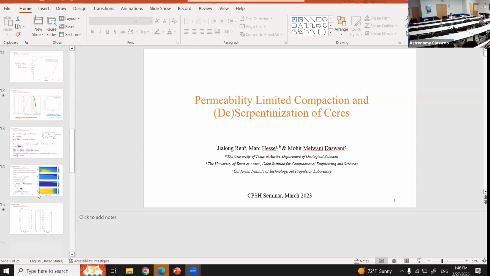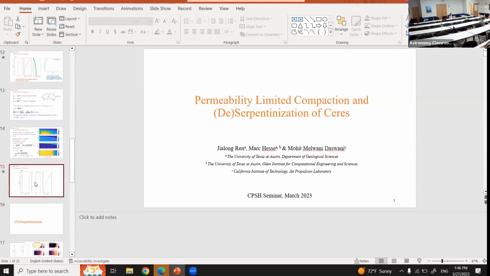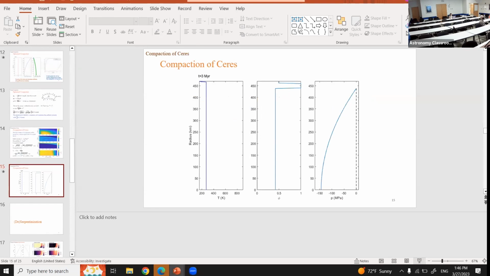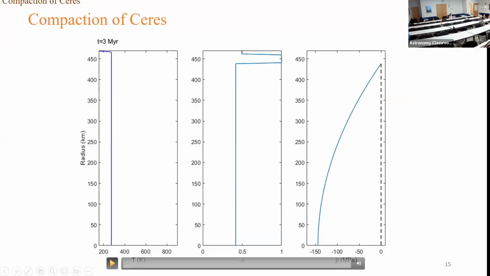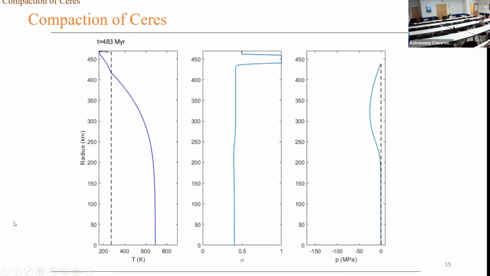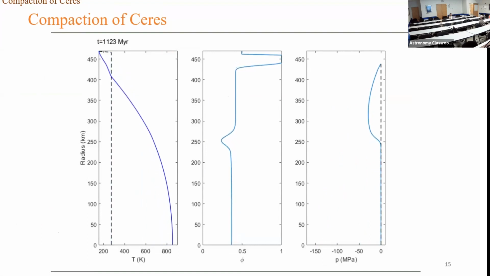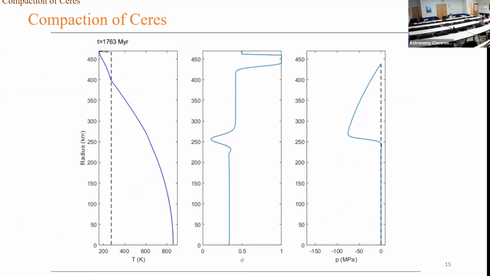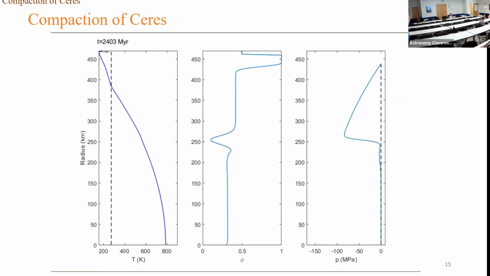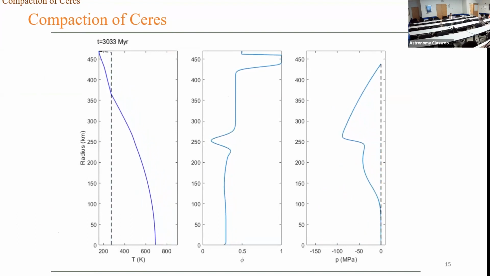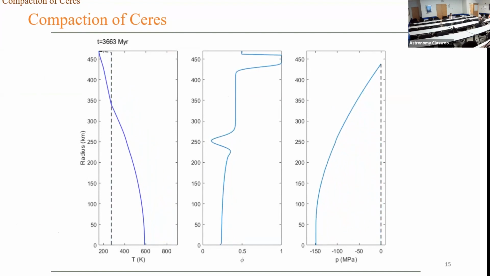I'll just jump to the interesting Ceres simulation. So this is for convection only, coupled with thermal, not the serpentinization. Here we are looking at the temperature profile, porosity, and the overpressure in units of megapascal. We can see the temperature first increases and then decreases.